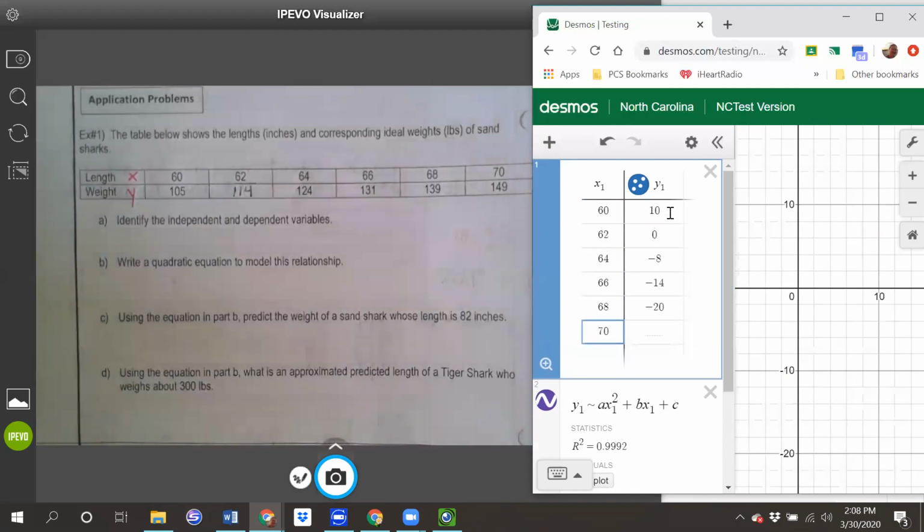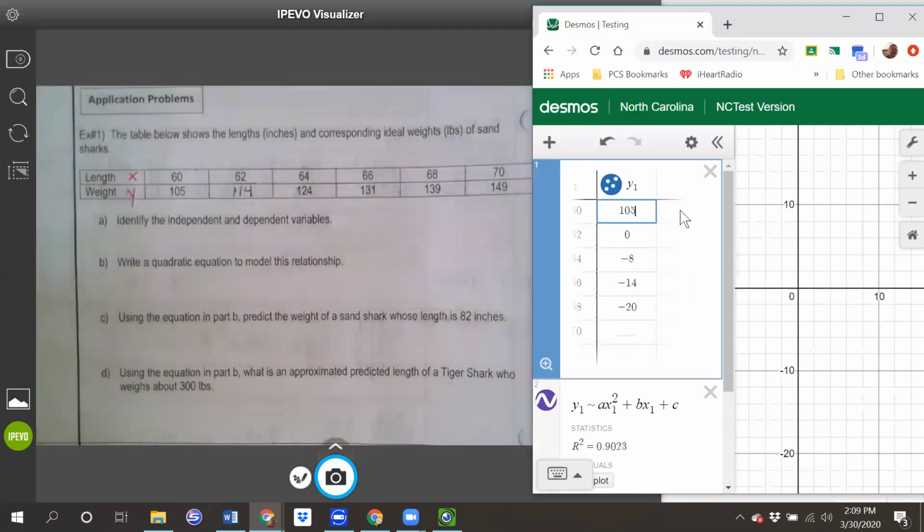All right, then I'm going to come over to my y's, and I'm going to do the same thing. So 105, 114, 124, 131, 139, and then 149. All right. So let me scroll back over here.